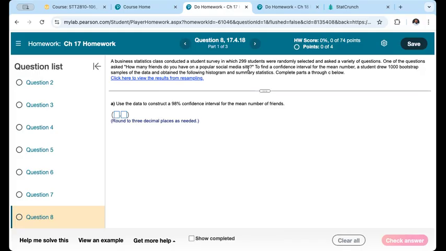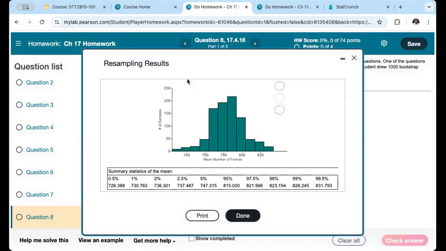And then when you read, we are told that the student drew 1,000 bootstrap samples and obtained the following histogram and statistics.